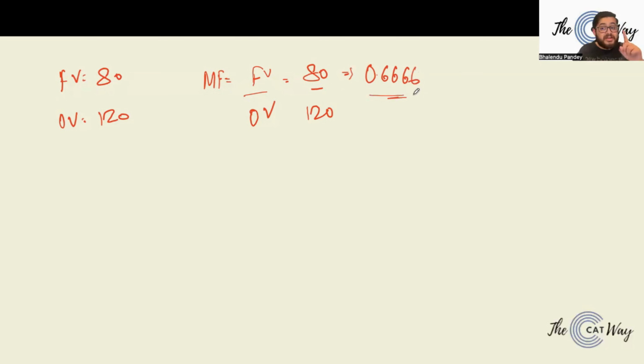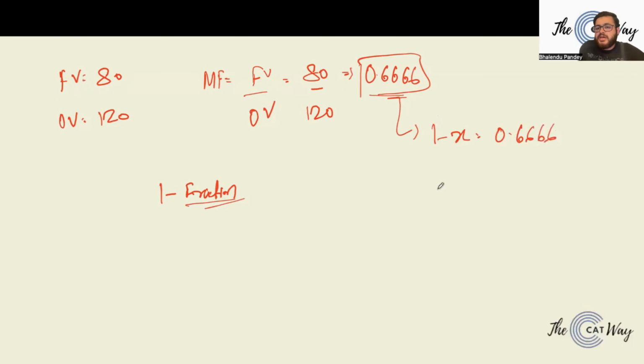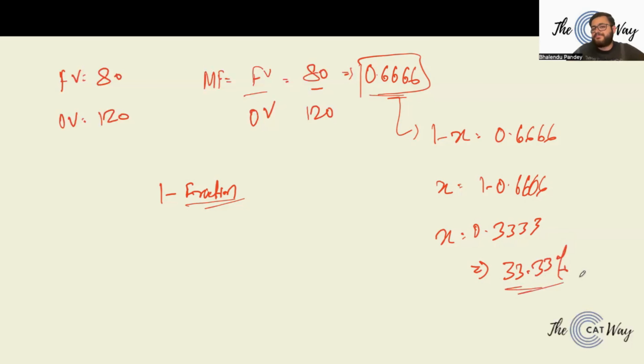And in case of decrease, the multiplying factor was 1 minus fraction. So 1 minus x is equal to 0.6666. So x is equal to 1 minus 0.6666, that is 0.3333. That is nothing but 33.33%.